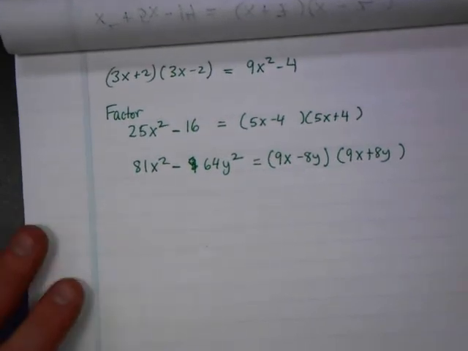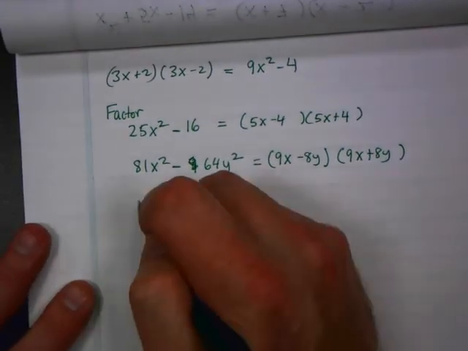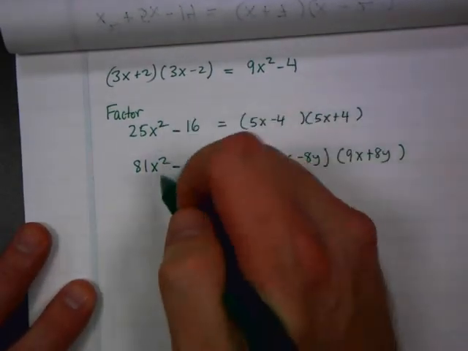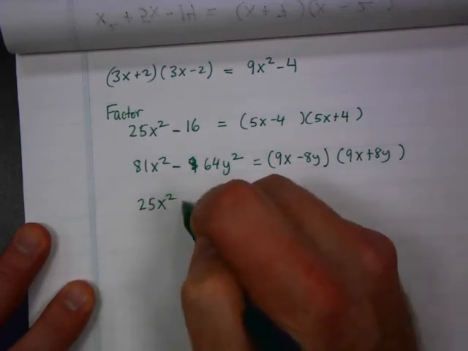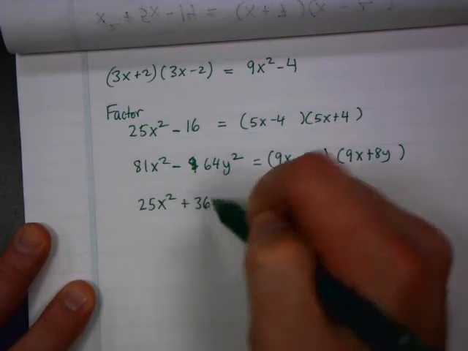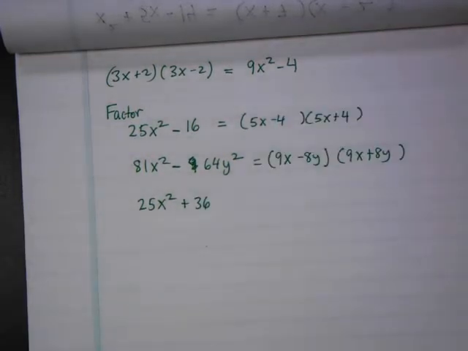Okay, last one for me, and then I, as usual, have some for you. How about 25x squared plus 36? 5x plus 6 and 5x minus 6.